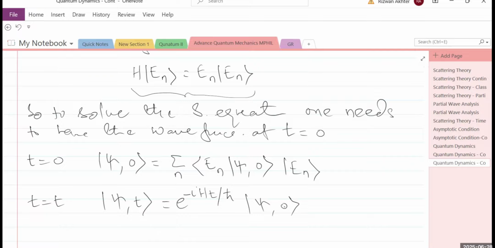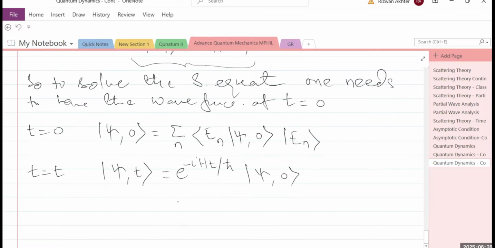And so one could in fact write this equation as e to the power minus i, and first you write that factor. So if I substitute the value of the wave function at time t equals 0, then that would be the summation over n of |En><En|psi,0> times e to the power minus iEn t over h bar.